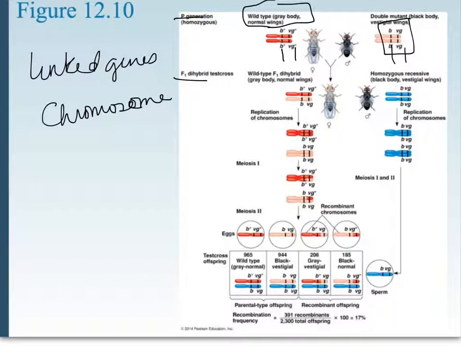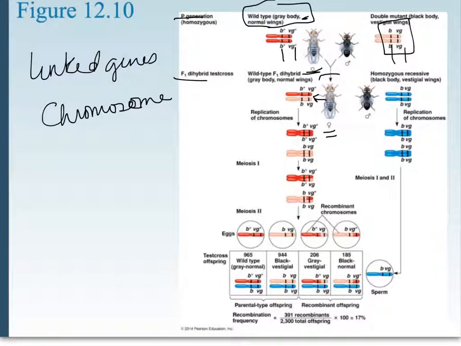We take these 2 and we mate them, and lo and behold, we get a whole bunch of wild type flies, meaning that they have both of these traits. Except we now know that they absolutely must be heterozygous. But they're phenotypically identical to this wild type true breeding mom that was up here.